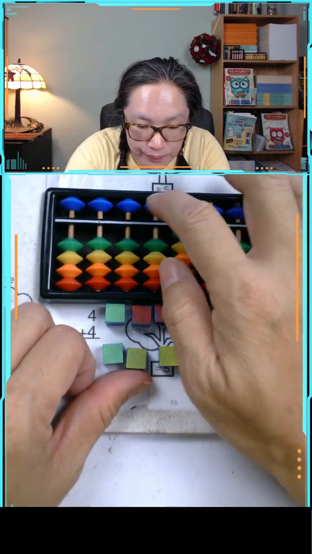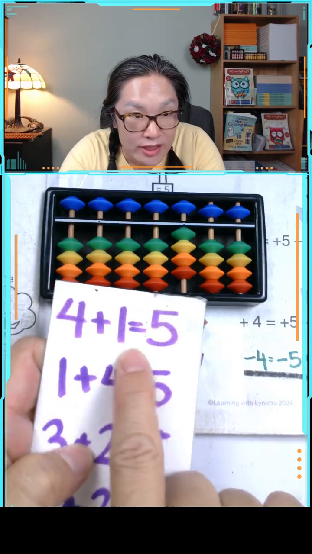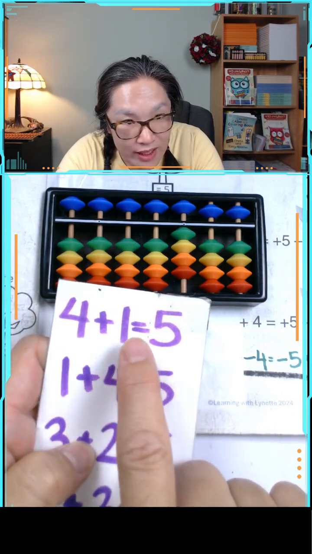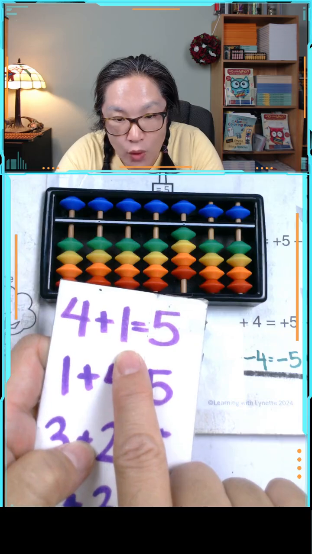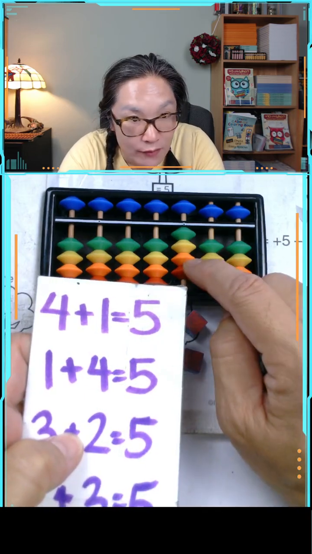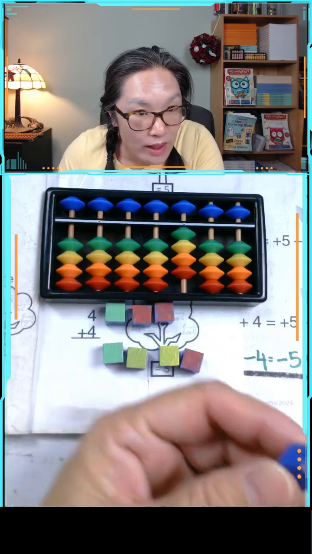So here we are. If you notice, in Abacus world, what we do is we understand how to make a 5. We do 4 plus 1 is equal to 5, right? We got to find the 1 from somewhere. The 1 has to come from the previous number. So we're going to give away this 1, right? Do you see that?